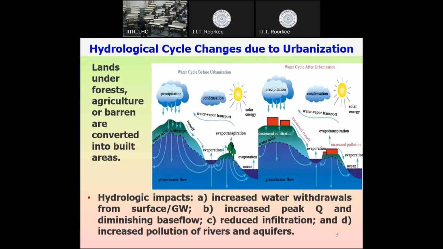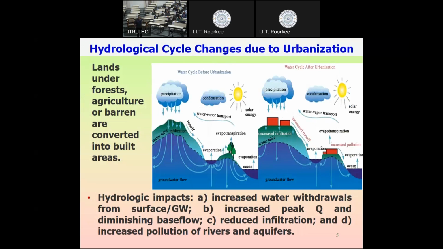In nature, water moves in a circular motion, you can say, due to solar energy. Because of solar energy, water evaporates from ocean and enters into atmosphere. Atmosphere works as a storage as well as carrier of water moisture or water vapors.